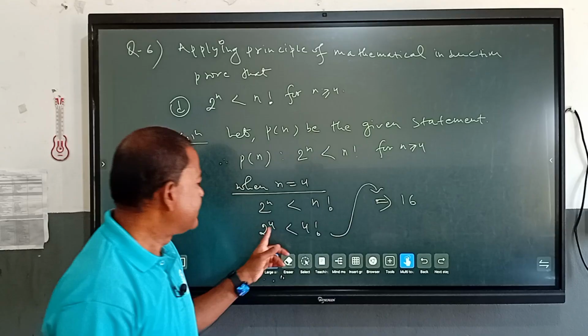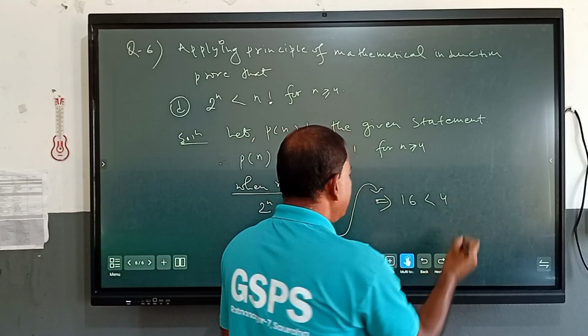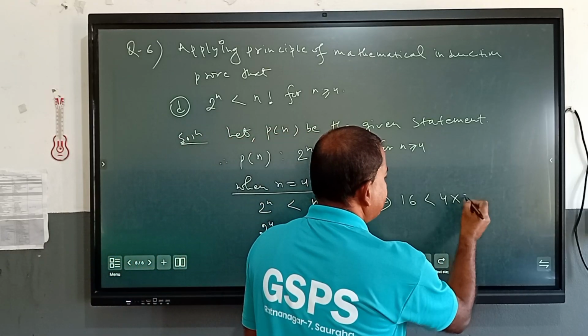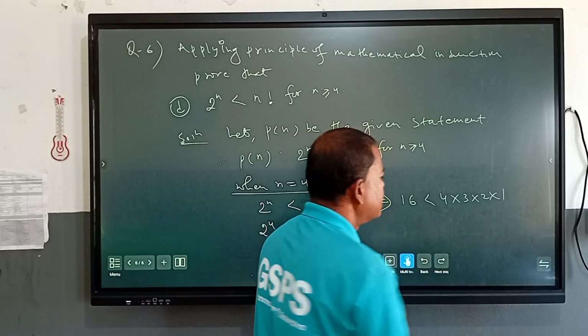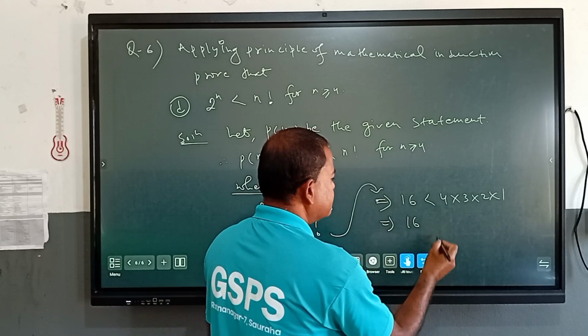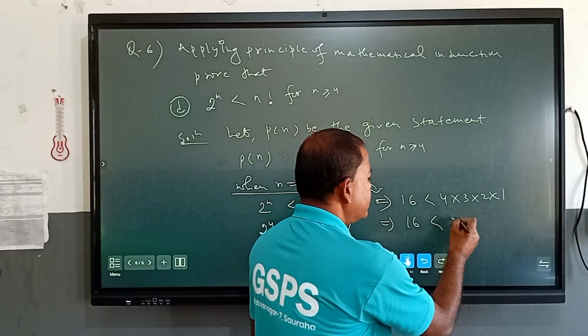The value of the left hand expression we get is 16, less than 4 factorial. 4 factorial means 4 times 3 times 2 times 1: 4 times 3 is 12, 12 times 2 is 24.